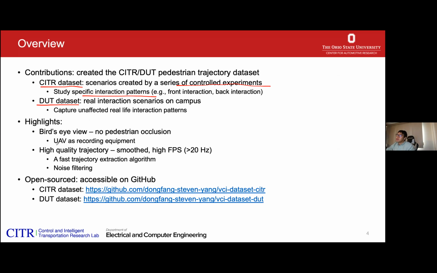Our dataset uses UAV as a recording equipment, so that there will be no pedestrian occlusion. Also our dataset has high quality, the trajectories are kind of smooth, and it has a high FPS. Also our datasets are open sourced online, and if you are interested, you can access it through the GitHub repository.